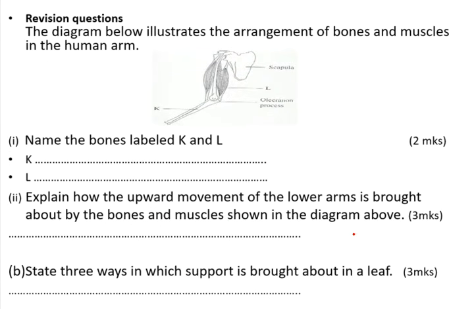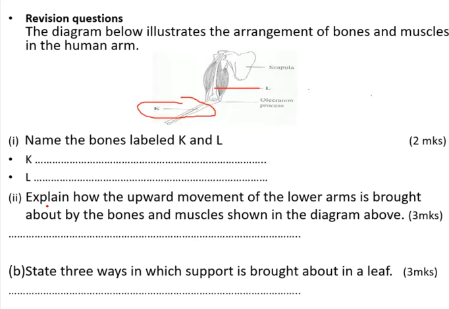We have some revision questions. Arrangement of bones and muscles in the human arm. Name the bones labeled K and L. K here is the ulna, and the bone labeled L here is the humerus. As you can see, it articulates with the scapula.